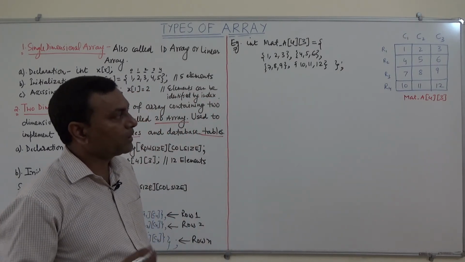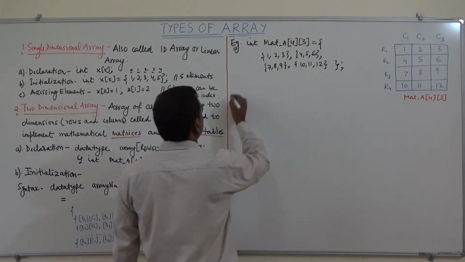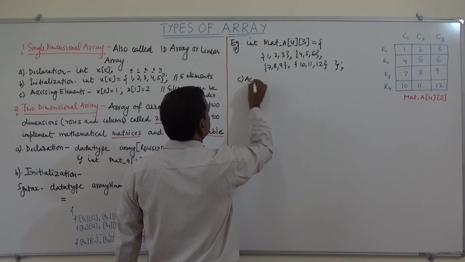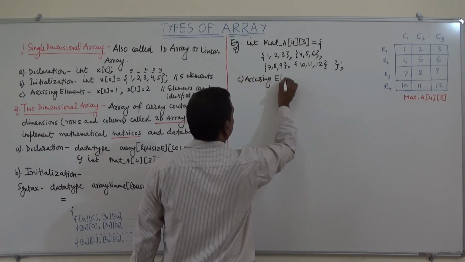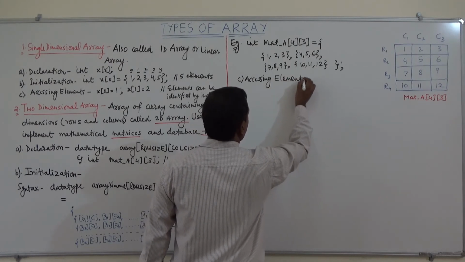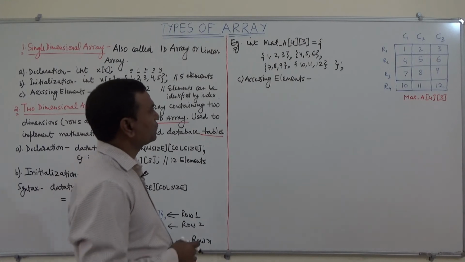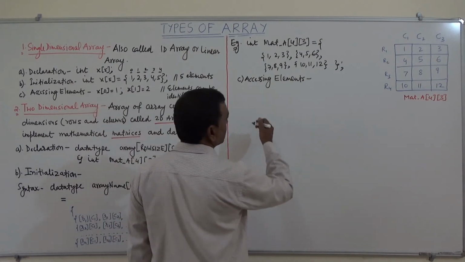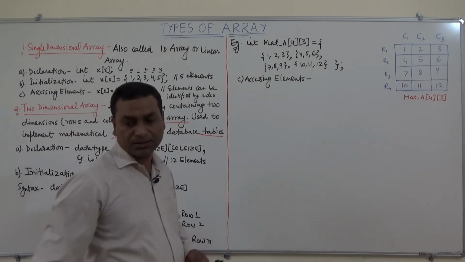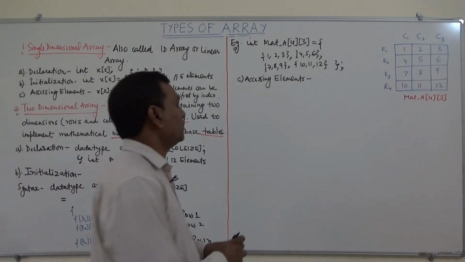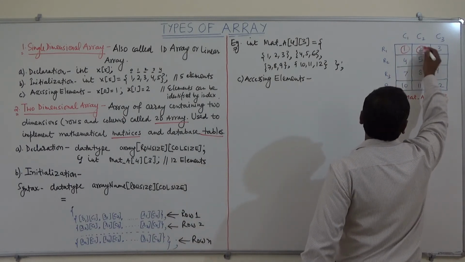Now how can we access these elements? Elements can be accessed by using their index. The simple way is, suppose we wish to access 1 and 2, these two elements.